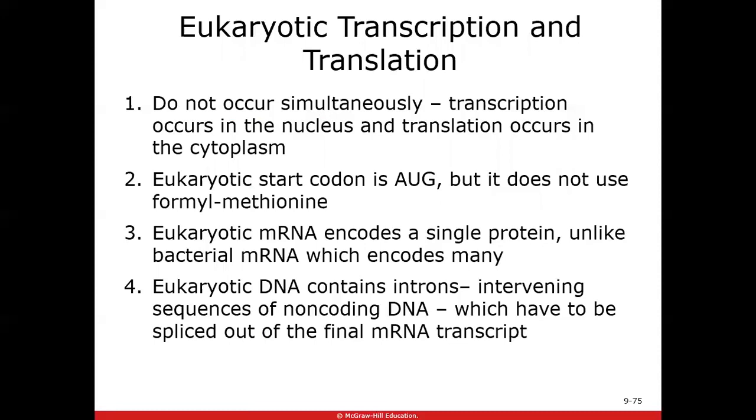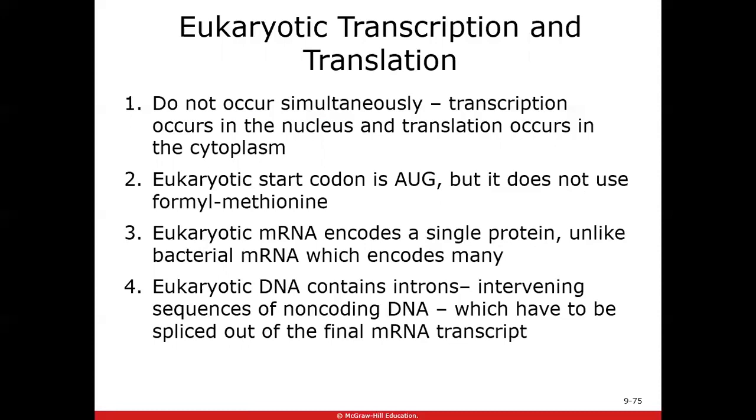So the eukaryotic start codon is AUG, but it does not use formyl methionine. Eukaryotic messenger RNA encodes a single protein, unlike bacterial messenger RNA, which encodes many.